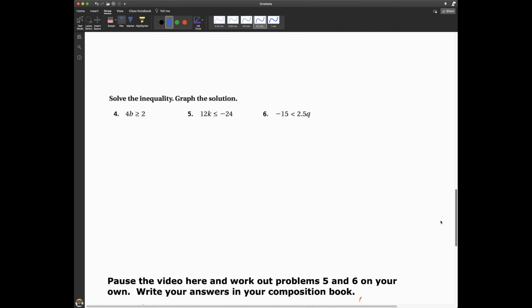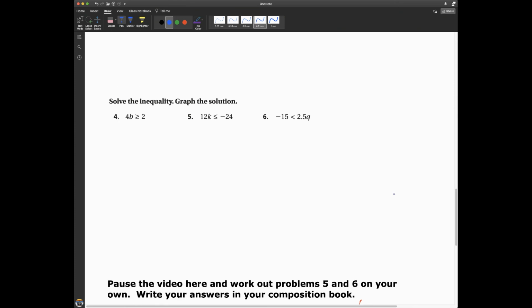Let's look at a couple more problems. Let's just look at number 4. So number 4, I have 4 times b is greater than or equal to 2. To get b all by itself, I need to divide by 4 because I'm multiplying 4 times b right now. So I need to divide both sides by 4. That cancels on the left-hand side.